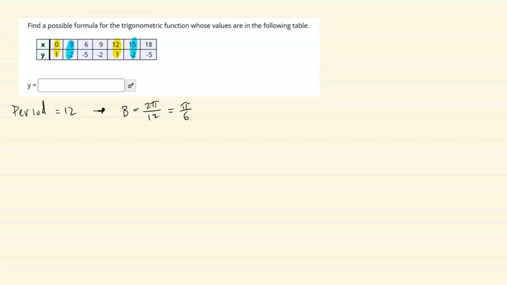But we can also determine some other information. Looking at the most extreme values, we can determine the amplitude and midline. So I'll just say amplitude and midline.